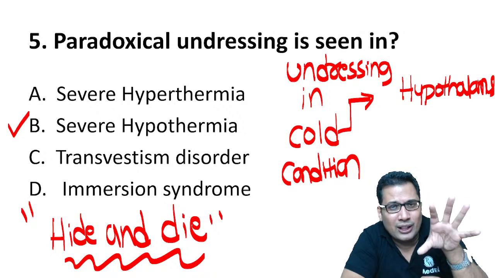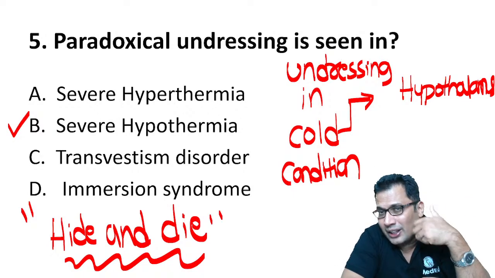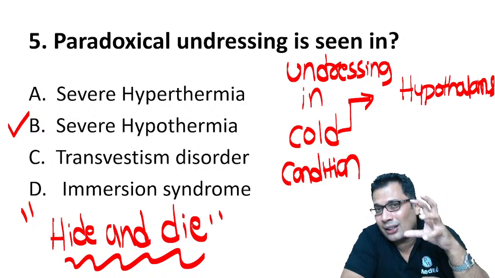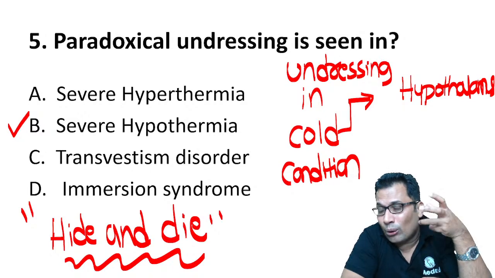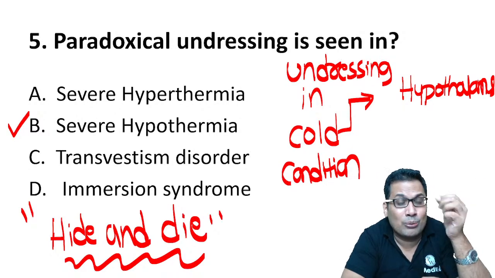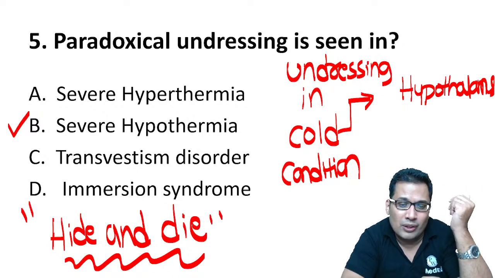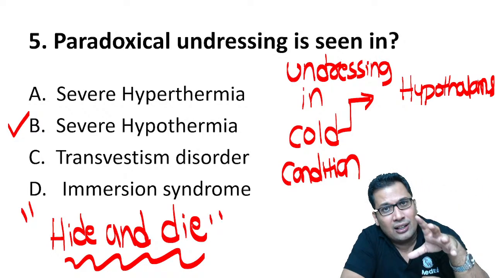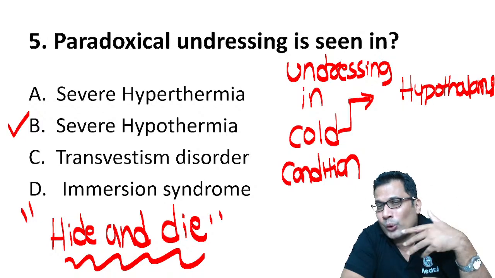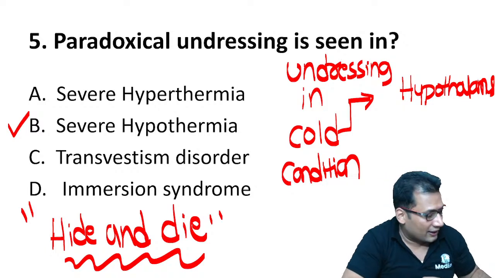Probably because of the hallucinations that occur during very extreme cold temperature, the dead body might be found in closed spaces like a wardrobe. That is known as hide and die syndrome. Sometimes it resembles a case of sexual assault as well. With undressing and hide and die, especially in a female, it may be suspected as sexual assault and death. So this is about paradoxical undressing.